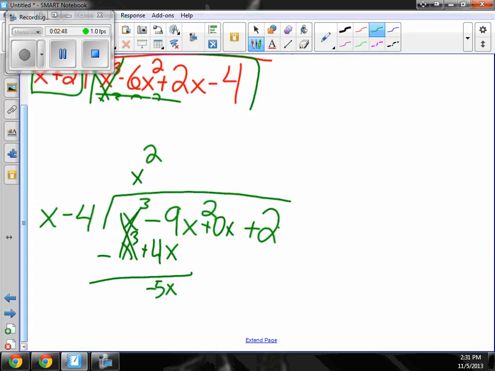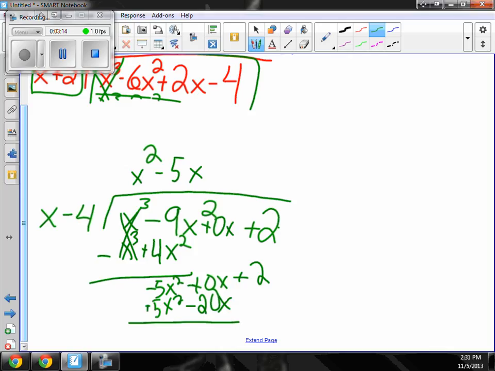How many times does x go into negative 5x squared? Just negative 5x. So this gives me negative 5x squared. Negative 5x and negative 4 is 20x.